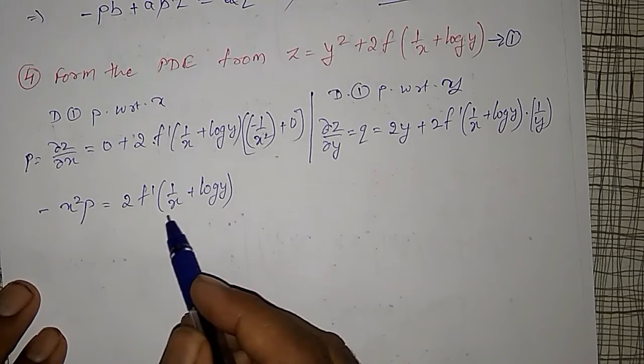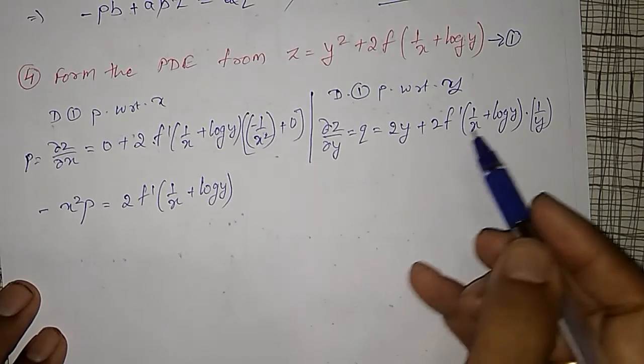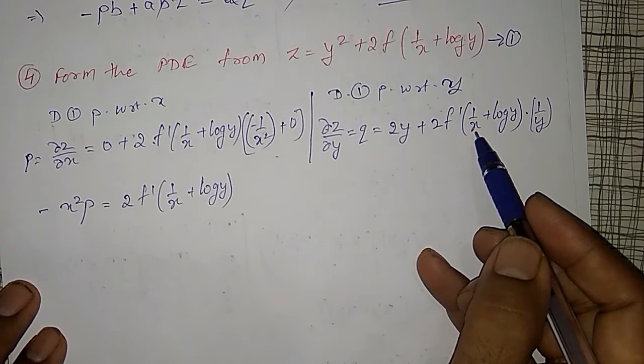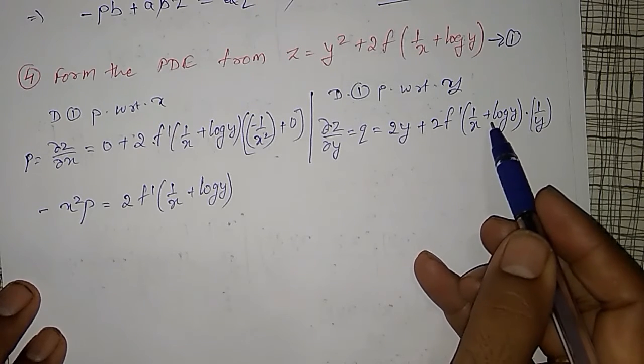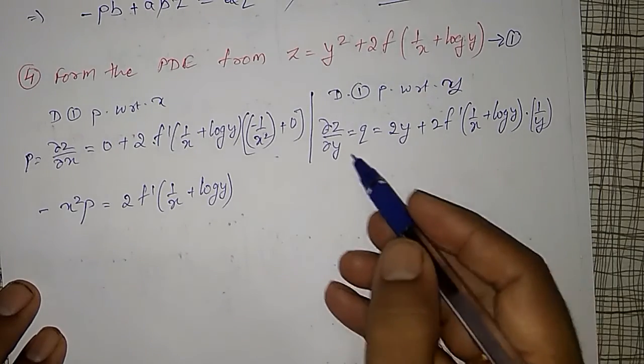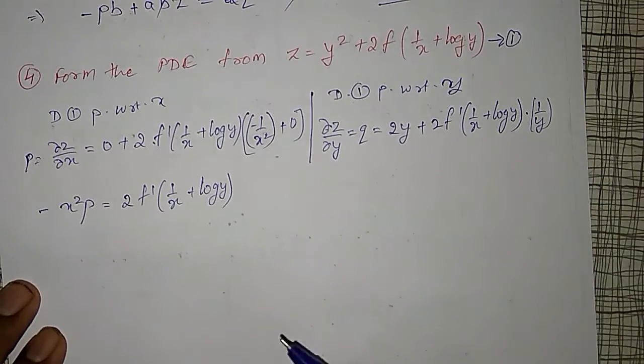You can substitute this 2 times f dash here, or else, that is the simplest I hope, I can solve for f dash and divide, as we have done previously.